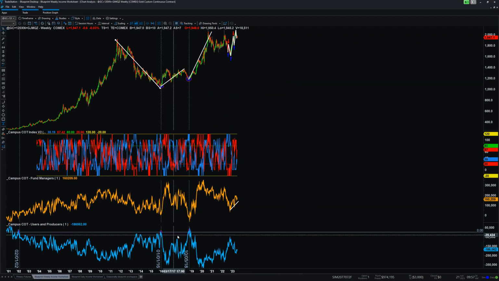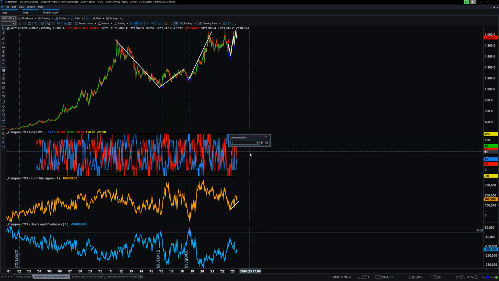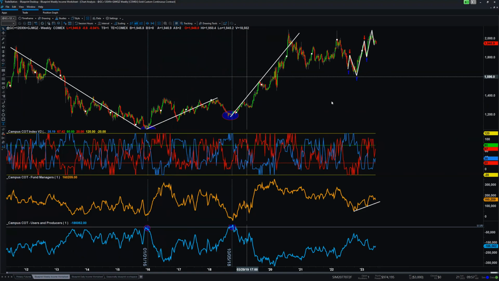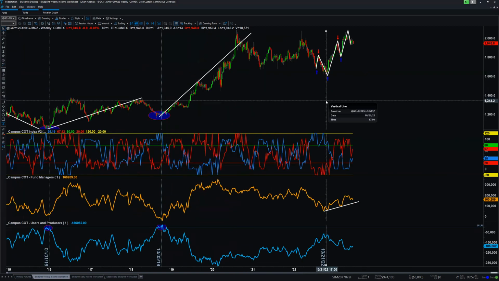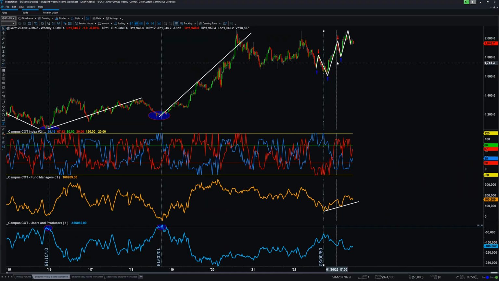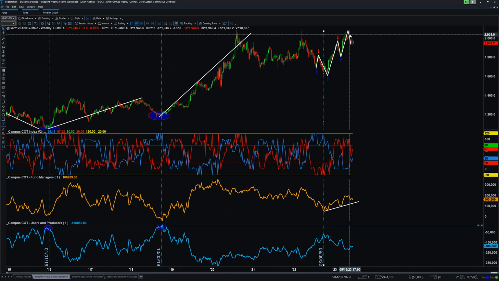So if the commercials go net long, or close to the net long area, here they were very, very close, only a couple of thousand contracts away from being net long. Here, right, only a couple of thousand contracts away from being net long. So they were at minus 50,000 net overall. And that created that uptrend that we're seeing here.